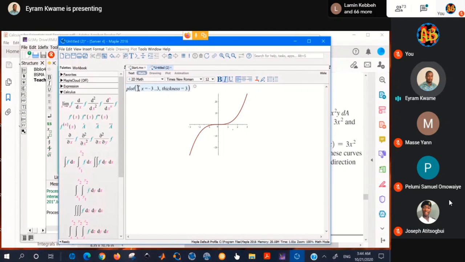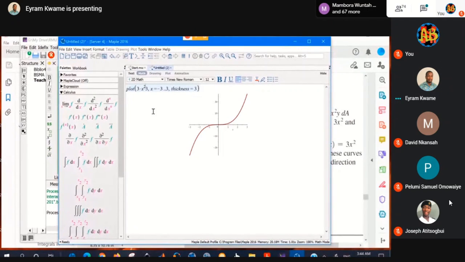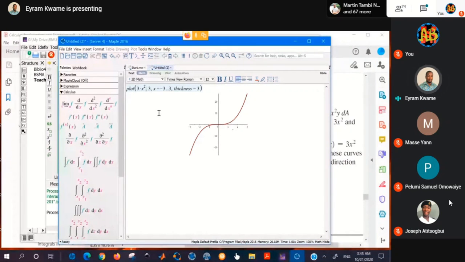Okay, so let's go back to what we want to do. We are doing 3 times x squared, and then 16 minus x squared. So these are 2 separate graphs that I want to plot.